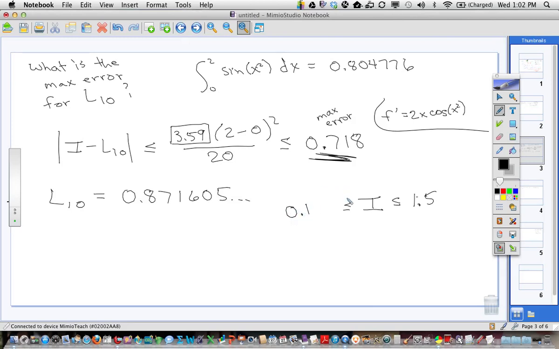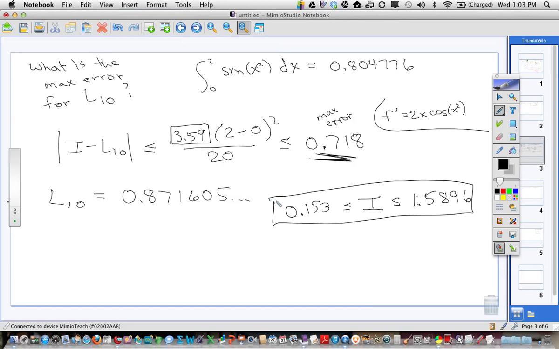What do you get if you add it on? And the upper, okay. So what we know is that the exact answer is somewhere between 0.1 and 1.5.